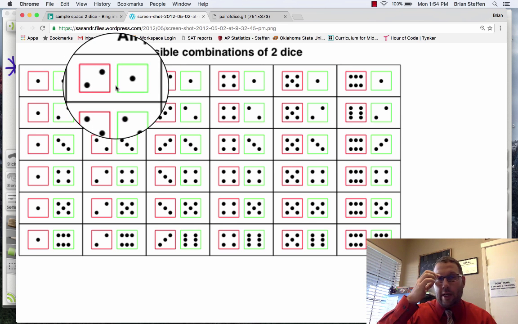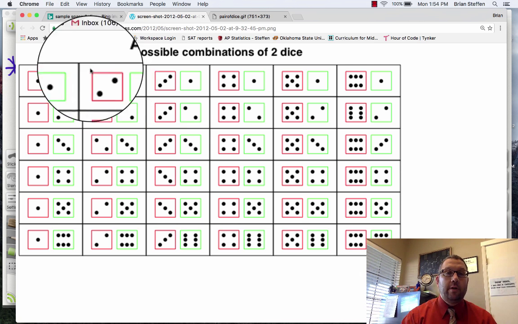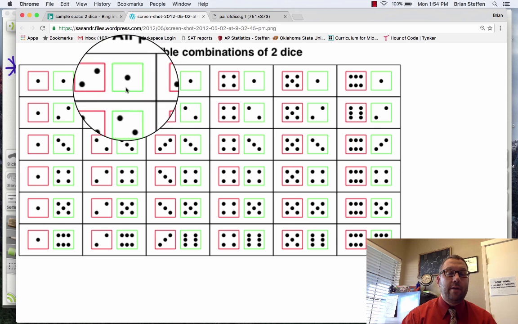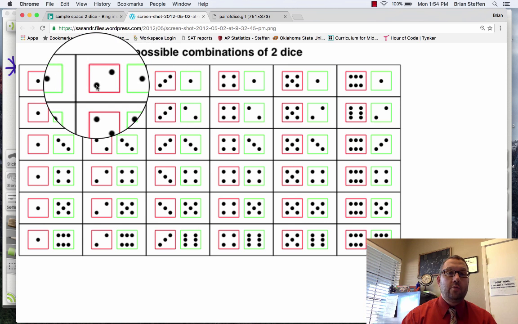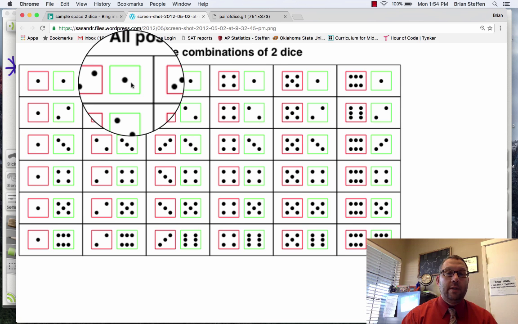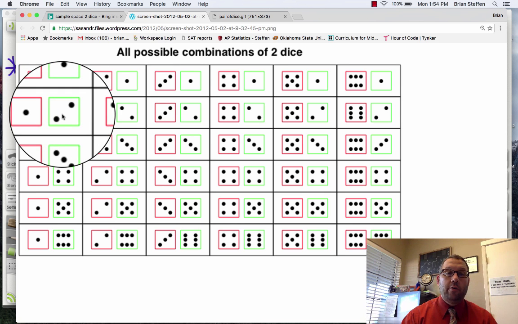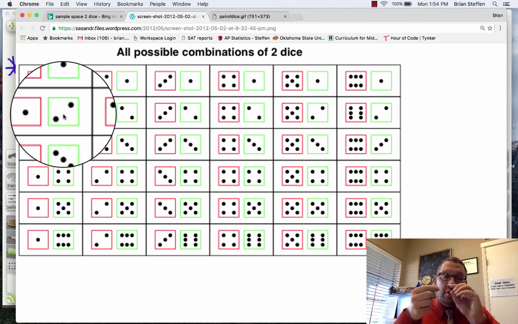People usually ask how they are actually different. Well, if I had a red die right here and a green die right here, this is red 2, green 1. Is that different than red 1 and green 2? I'd actually take the dice and turn them, and I get different outcomes. They look different. It's two different events.